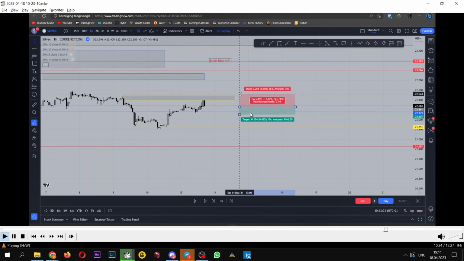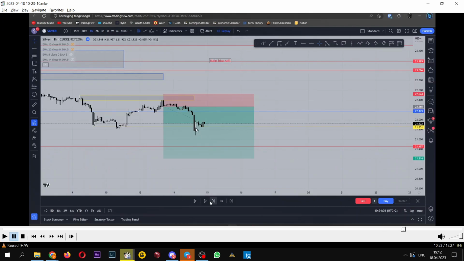Sell stop. And of course at this point, management could be discussed a lot, but at the very basic level, what I would recommend is after the first push in your direction, maybe move your stop loss a bit lower, or even to break even at this point.